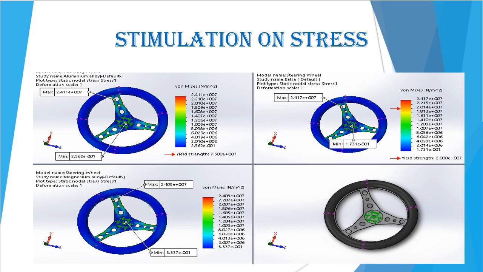So this means that the balsa wood steering wheel undergoes failure when 1000 Newton of force is applied on the steering wheel. This is because the maximum stress exceeds the maximum yield strength. So for the aluminum alloy and magnesium alloy steering wheel, the condition of the steering wheel is good when the force is applied.